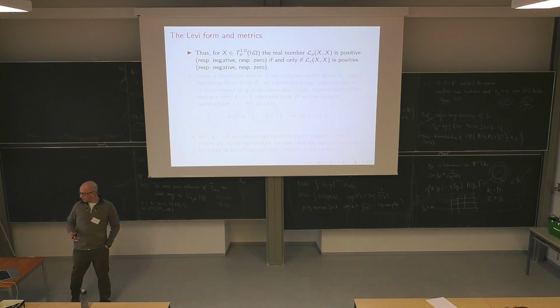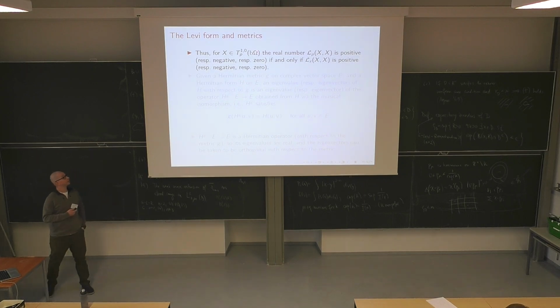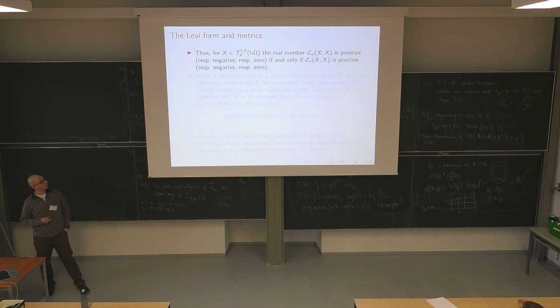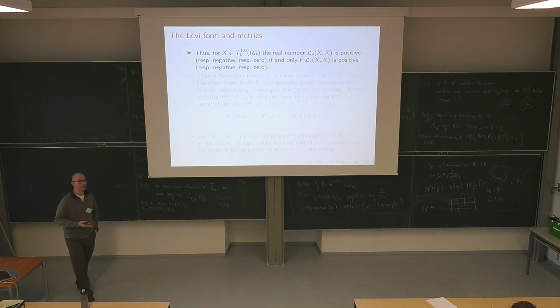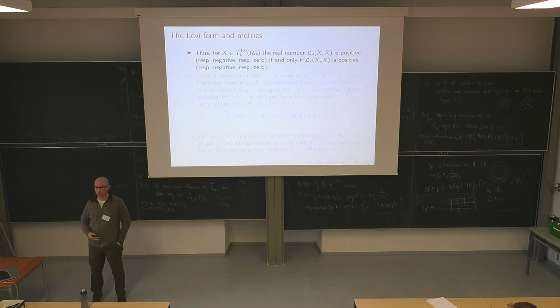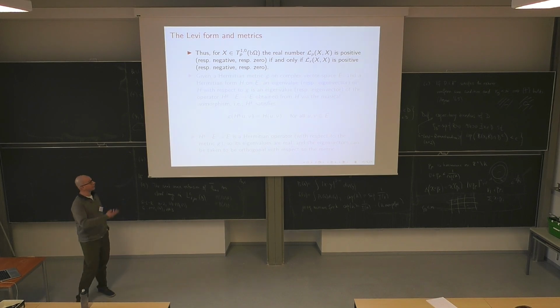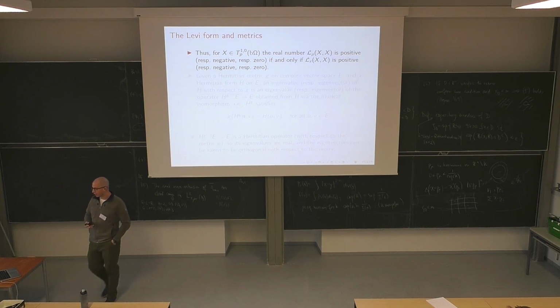If I take a (1,0) vector x at P, then L_ρ(x,x) is positive, respectively negative, respectively 0, if and only if L_R(x,x) is positive, respectively negative, respectively 0.